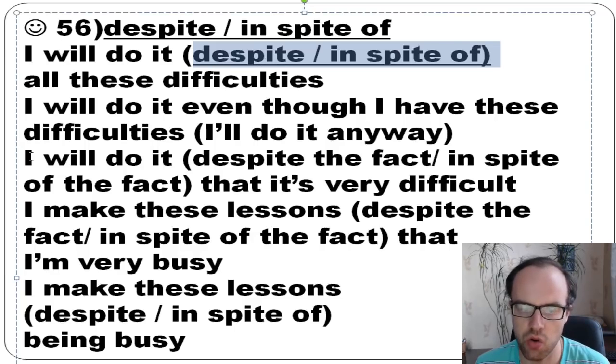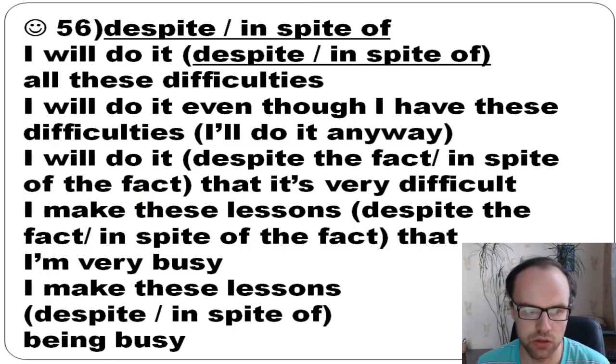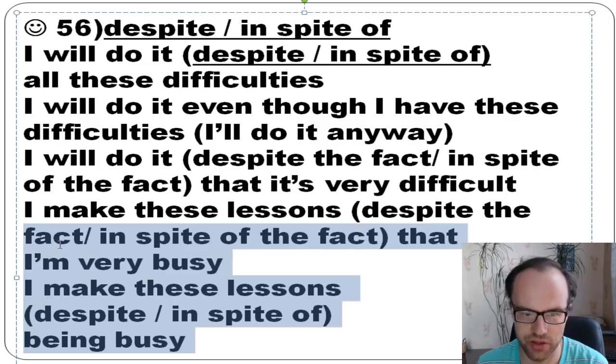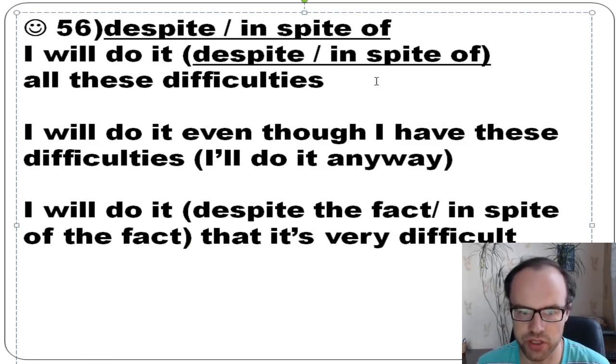Next. Or you can use another structure, despite the fact or in spite of the fact. Okay? Look, I think that there is too much information here, yeah? I think it's better now. Look, I will do it despite the fact or in spite of the fact that it's very difficult.